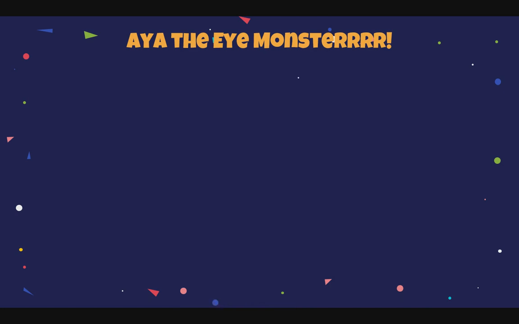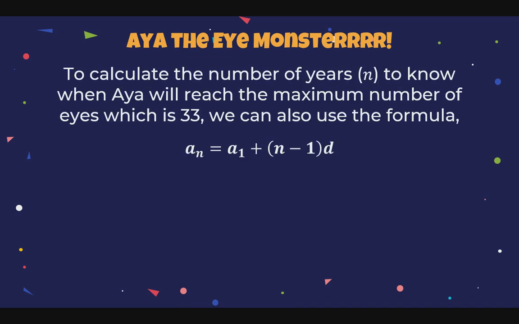Now, for the second question on our problem, to calculate the number of years, to know when Aya will reach the maximum number of eyes, which is 33, we can also use the formula. So on our problem, a sub n is 33.